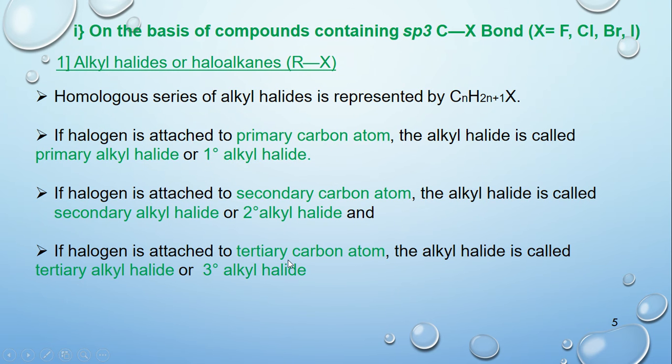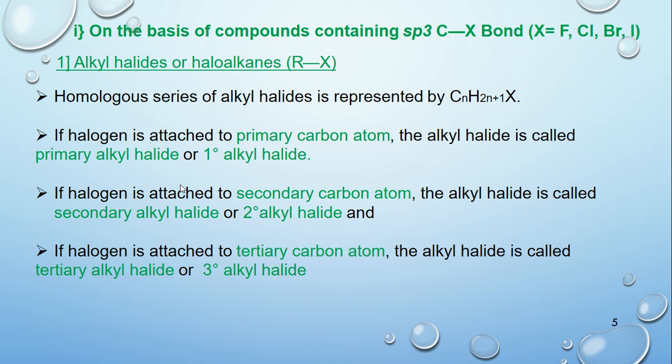Now coming to the first subclass, that is the compounds which contain an sp3 hybridized carbon halogen bond. In that, the first one is alkyl halides or haloalkanes. As per the homologous series, alkyl halides can be represented as CnH2n+1X.